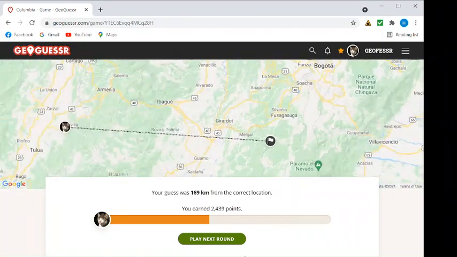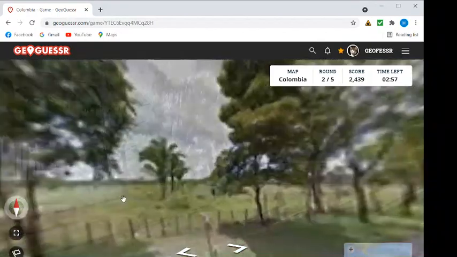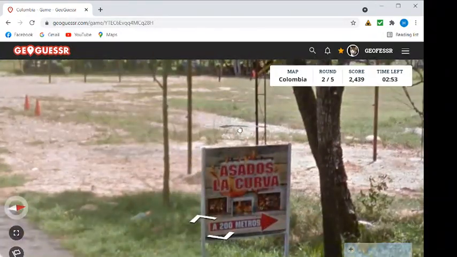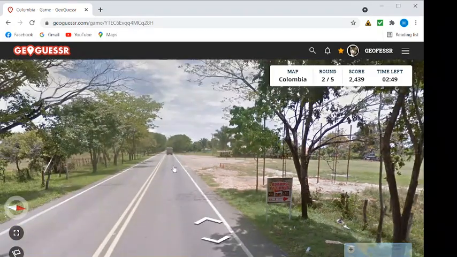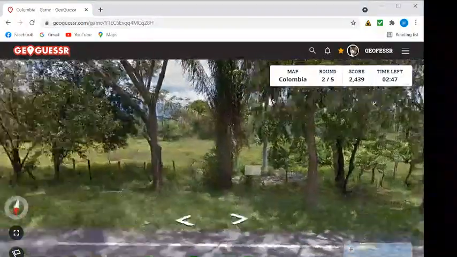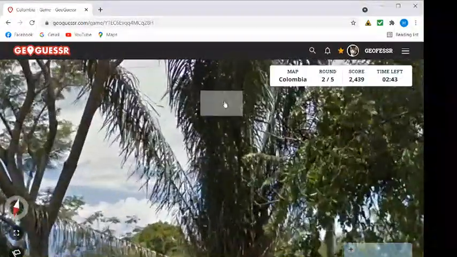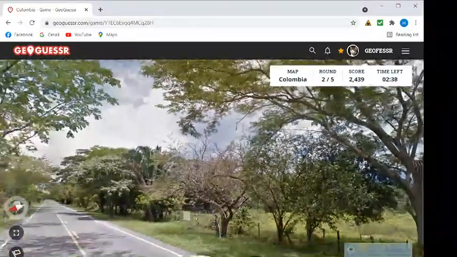Okay, maybe there's more here. We have Asados La Curva. Let's see. Grill. The grilled is what that means, right? Like steaks. Yeah. So we have some tropical foliage here.